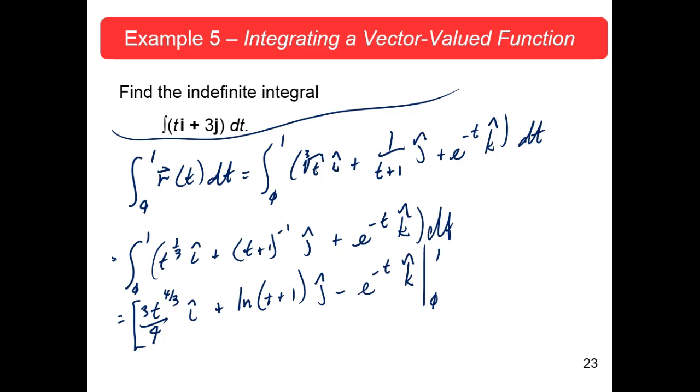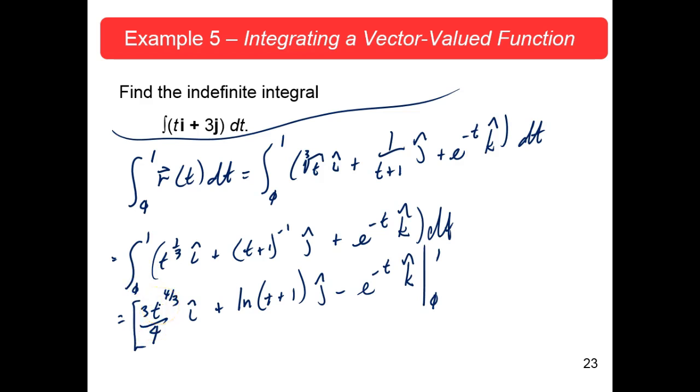Usually that is 0 if it's a power thing. But if it's not a power, we have a log and an exponent that are not powers. So we need to evaluate each one of these individually at both places. So that's one reason it may have been a little bit better to break up the components, but as long as you remember to do the components together, you're fine.